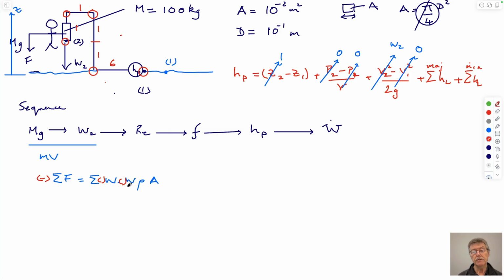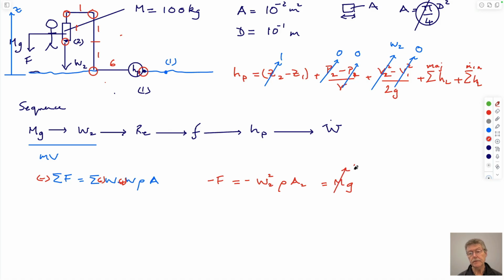This is mass flow rate. It's out of the system, so this would be positive. And the Cartesian direction for this would be in the negative z direction, so this would be negative. So this would be minus F is equal to minus W2 squared times rho A2. And this would be equal to mass times gravity.